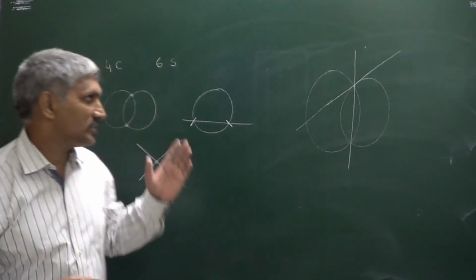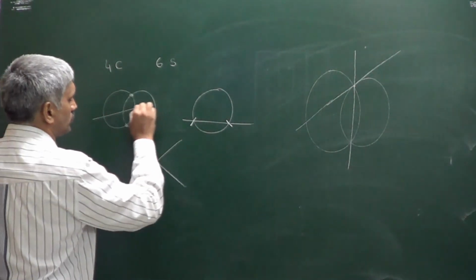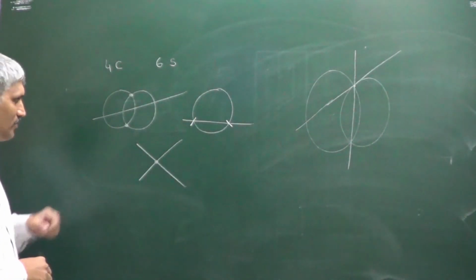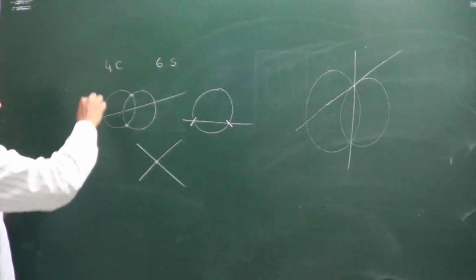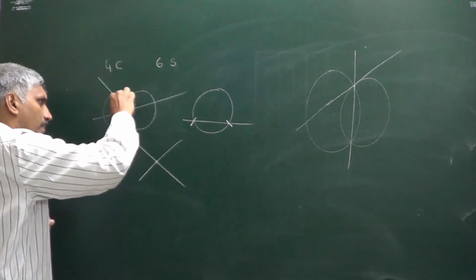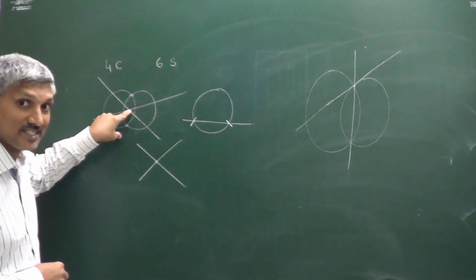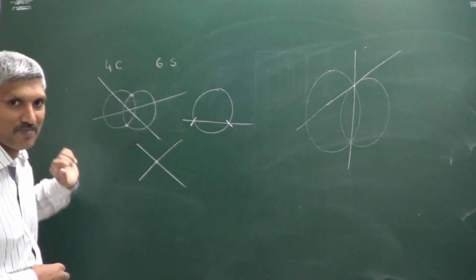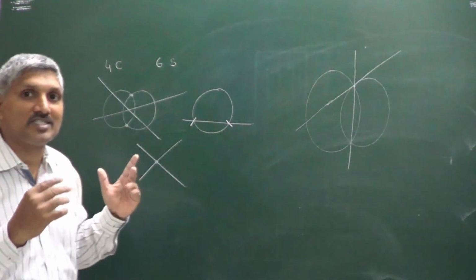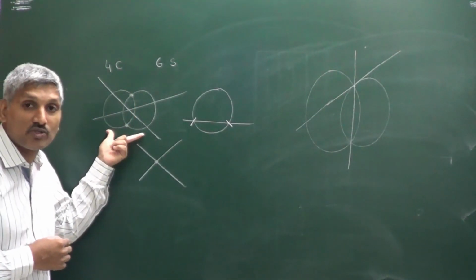So if you want to draw the same figure, you have to draw it in this way: here 1 point, another point, another point. Separately these points of intersection appear. To get the maximum number of points of intersection, the circles and lines have to appear in this way.